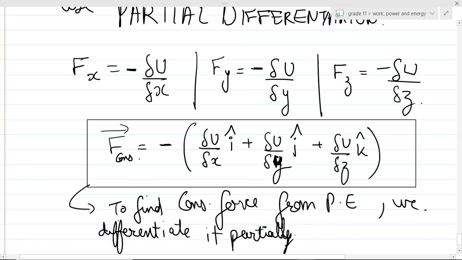Now we'll see how to differentiate partially. Guys, are you done noting now? Yes. Okay.